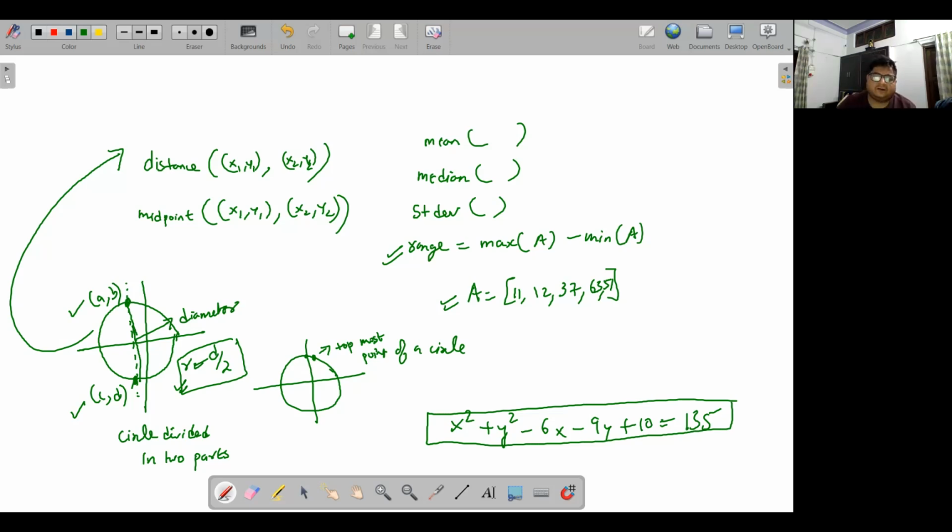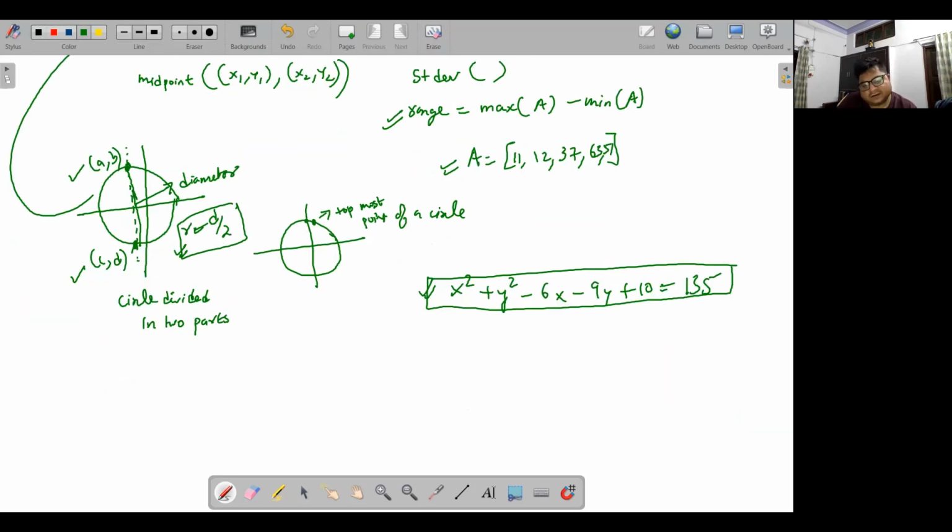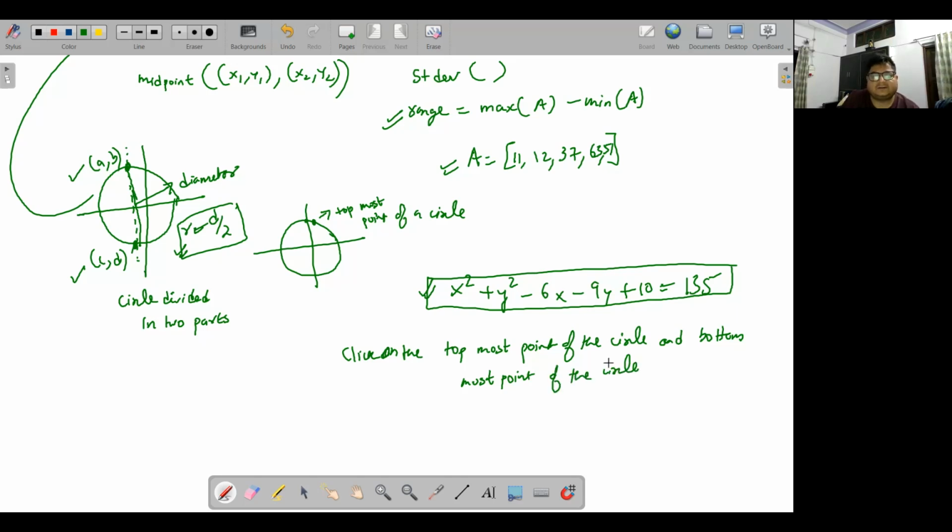So what I prefer, type this equation on Desmos, check the circle, click on the topmost point of the circle, and bottommost. Once you get this, you can use a distance function, write those 2 points, which gives you the diameter d, and radius is d by 2.